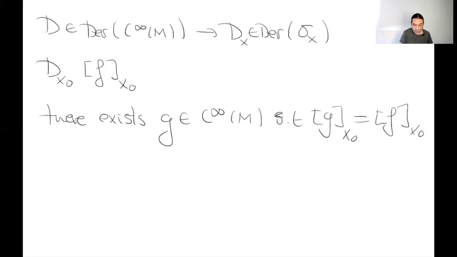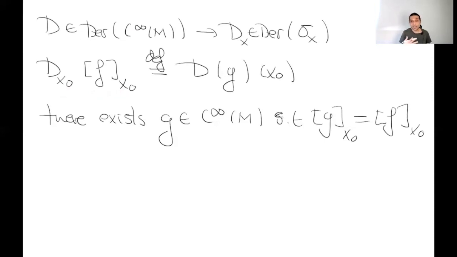That's very easy. And then we define this derivation at x0 applied to this germ as just the value of D applied to g at the point x0.